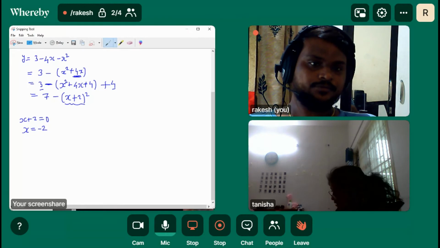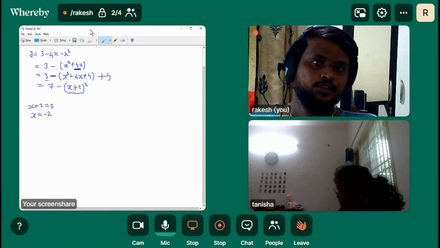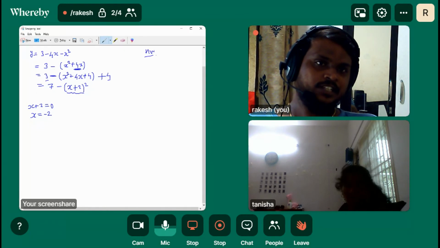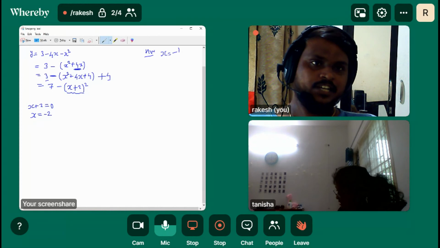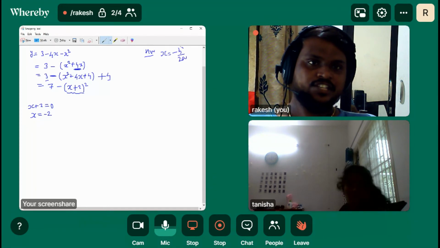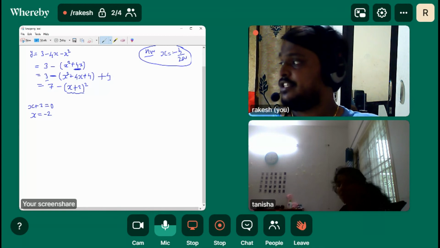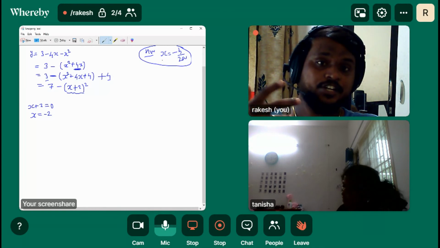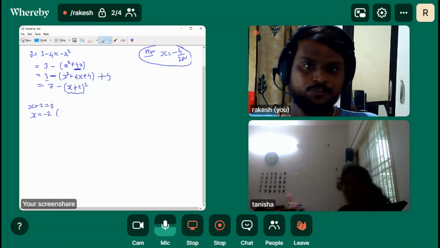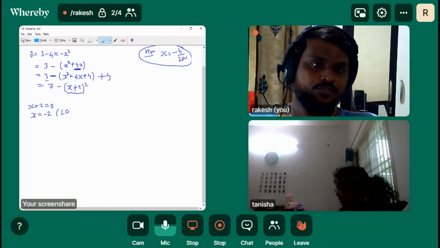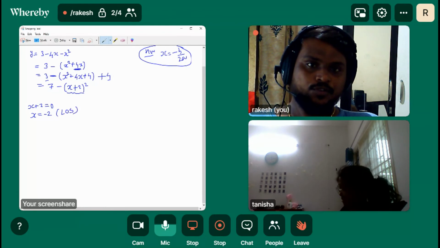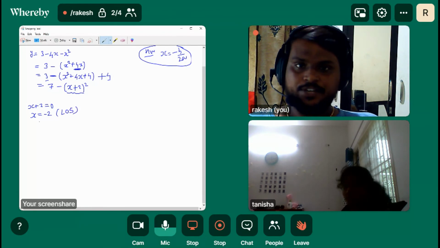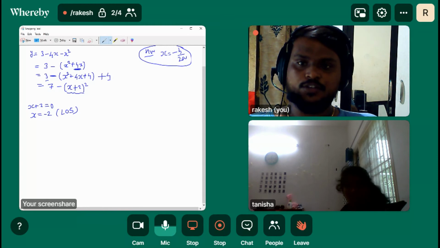As homework, you can check whether the equation x is equal to minus b over 2a gives you the same line of symmetry or not. That would be add-on knowledge for you. LOS means line of symmetry. So x is equal to minus 2 is the line of symmetry.